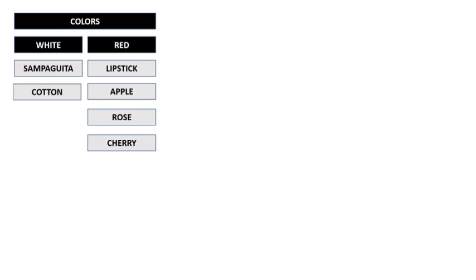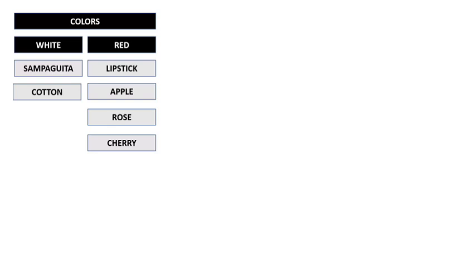Sampagita, cotton, lipstick, apple, rose, and cherry are sorted based on their colors. That's because sampagita and cotton have a common color which is white, while the others have a common color which is red. However, this is not the only way we can classify these things.